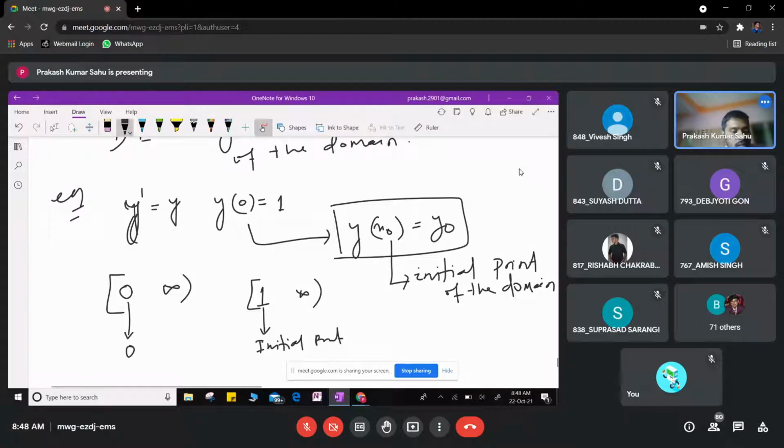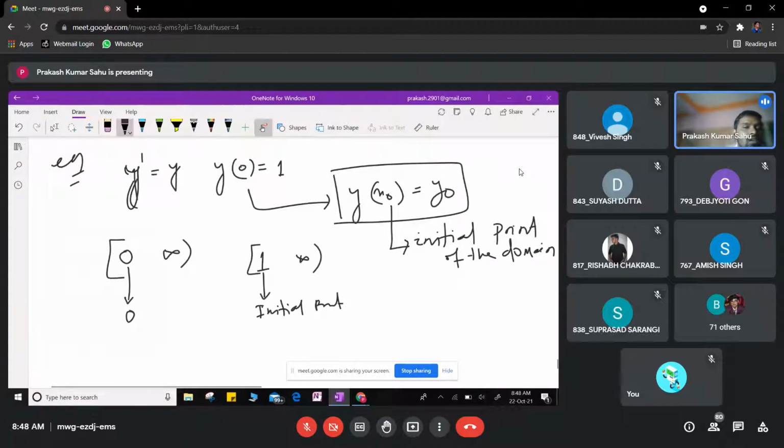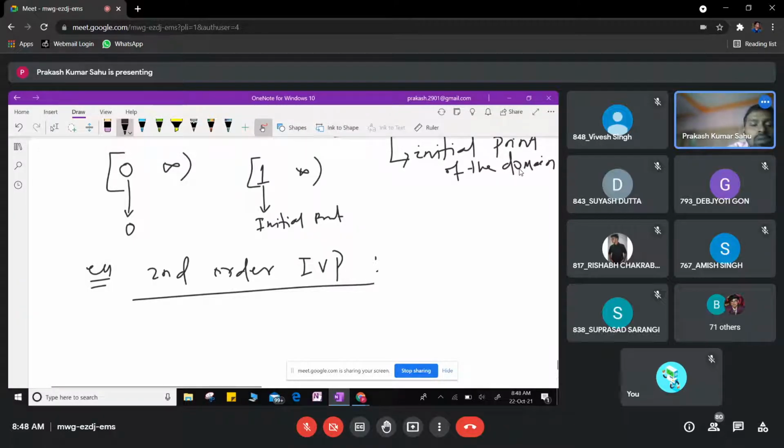And similarly, if it is a first order differential equation, then only one initial condition is necessary. And if it is a second order initial value problem, this is a second order differential equation: y double dash plus a into y dash plus b into y is equal to 0.